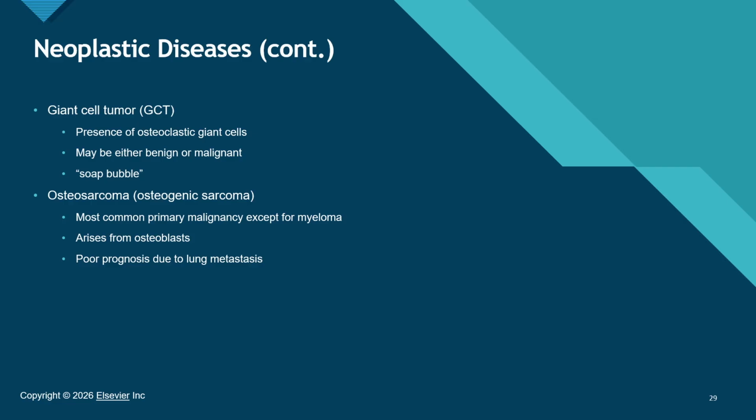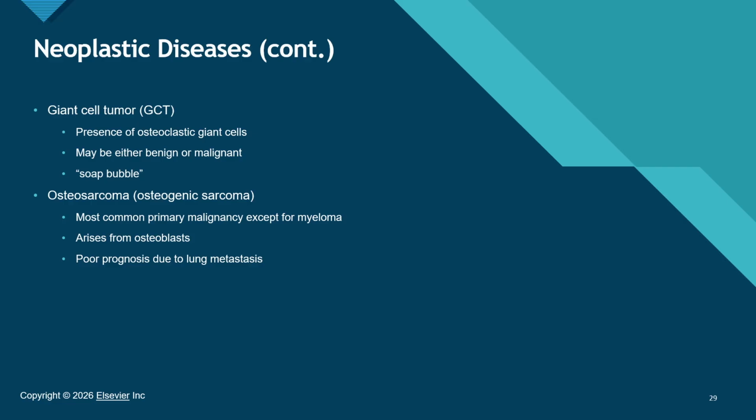An osteosarcoma is a primary malignancy of bone, usually arising in the metaphysis, most commonly around the knee. It is the most common malignancy except for myeloma. It arises from osteoblasts and the cause is directly linked to the deletion of genetic material on chromosome 13.